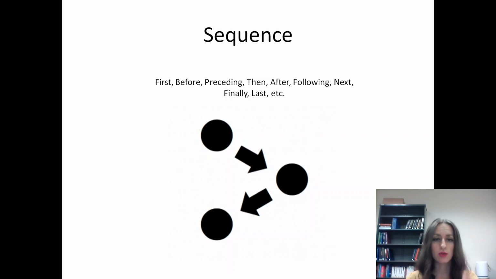Whenever you see words in a text like first, before, preceding, then, after, following, next, finally, last, those create a rhetorical effect by drawing attention to the event, thing, or process, by helping the audience picture in their head or conceptualize these categories and how they're related to each other or how things are working in time. So if you see words like that, pay attention to them and pay attention to what they're doing to the audience, for the audience, in helping organize the text.